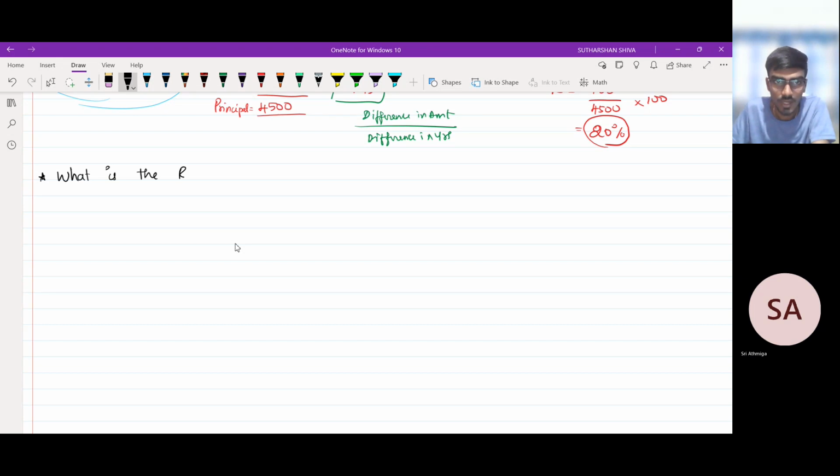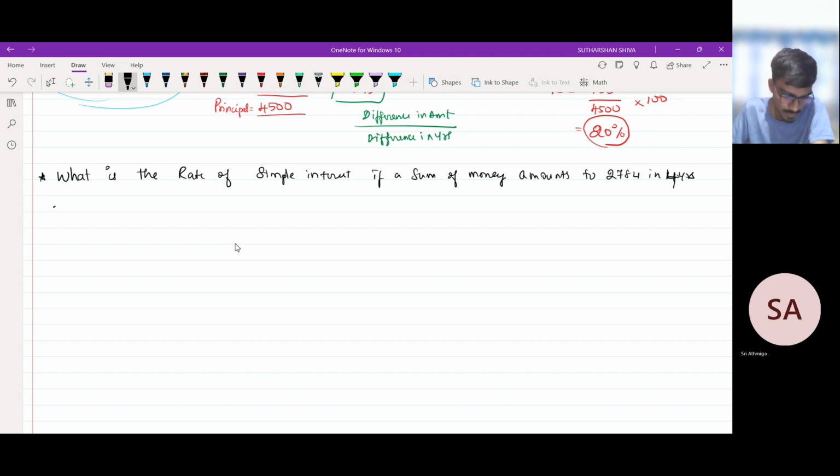Yes. What is the rate of simple interest if a sum of money amounts to 2784 in 4 years and 2688 in 3 years?